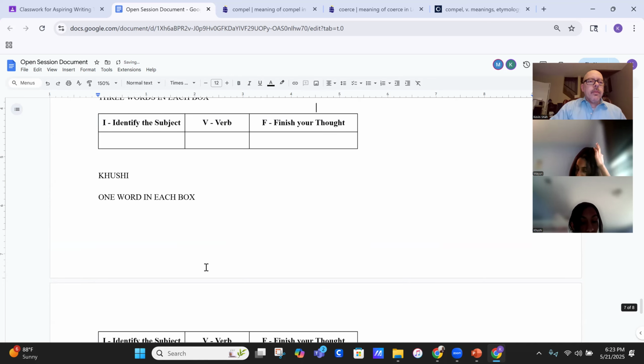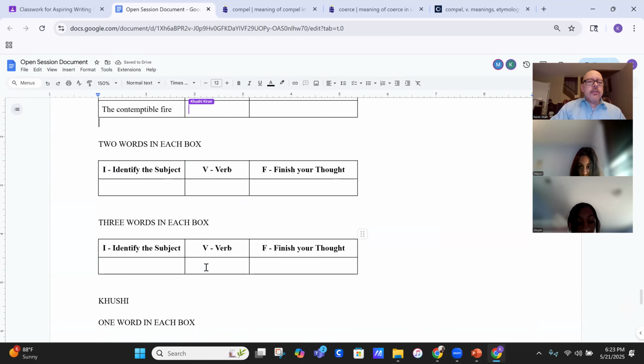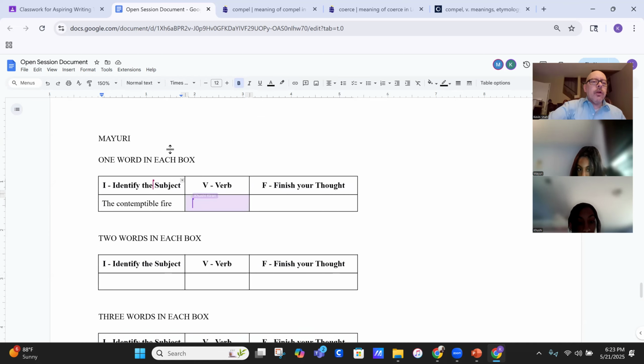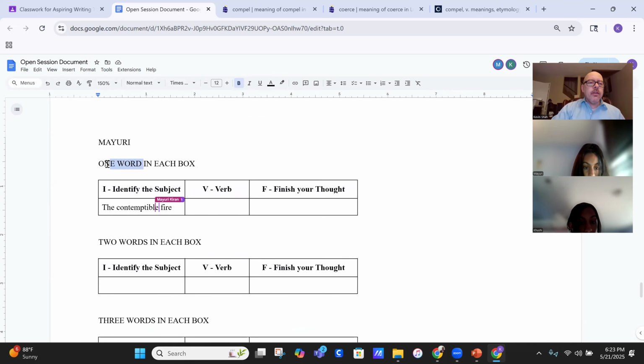All right, just take your section and then expand it. So sorry, only 1 word. Start with 1 word. So fire. Fire is your word because that's your subject.